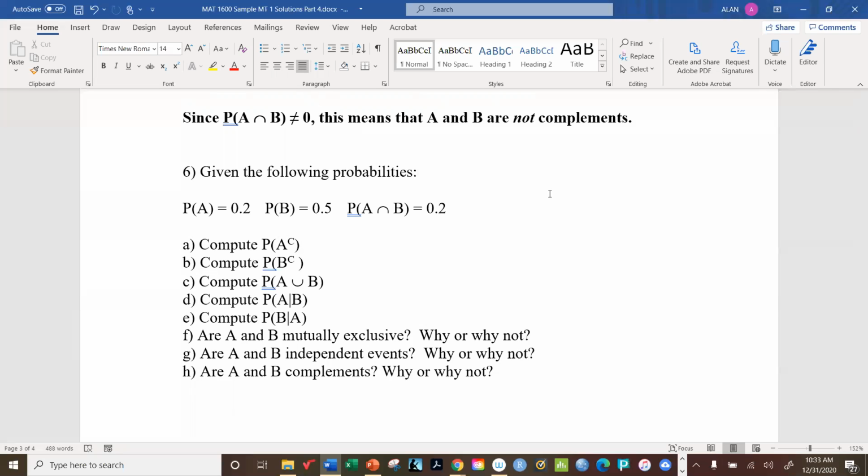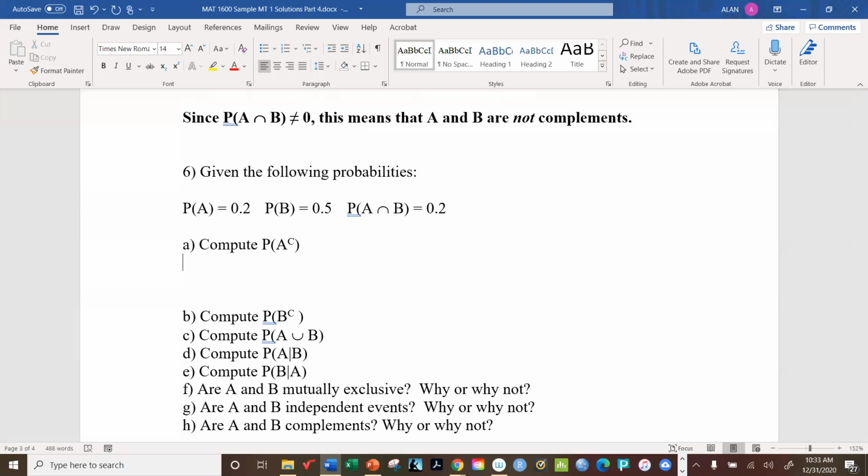So when you only have probabilities without any knowledge of the underlying experiment, your best bet is typically to use just the rules. So for example, here, the probability of A complement, we know, is equal to 1 minus the probability of A.